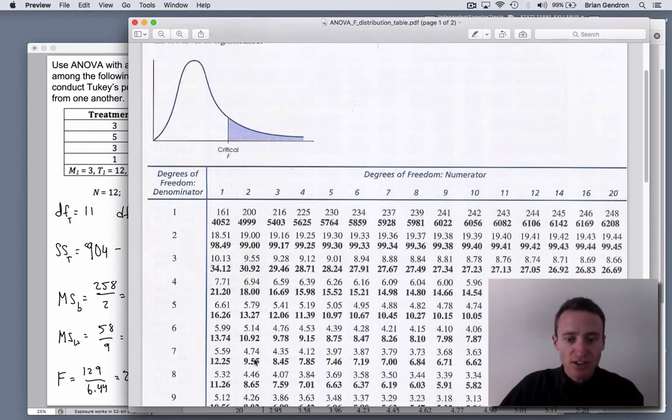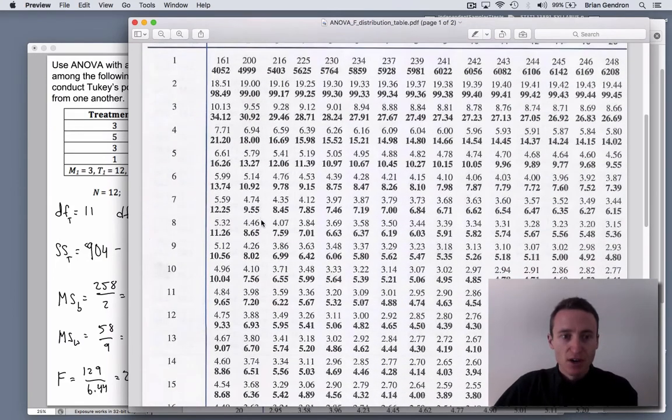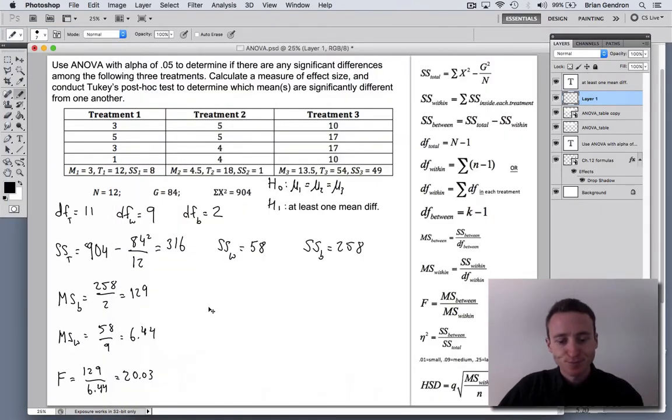And the instructions at the top of the table say, for an alpha of 0.05, use the light face type. And for alpha of 0.01, use the bold face. So our question says to use alpha of 0.05. So that means that our critical value of F is 4.26. Critical value is 4.26.